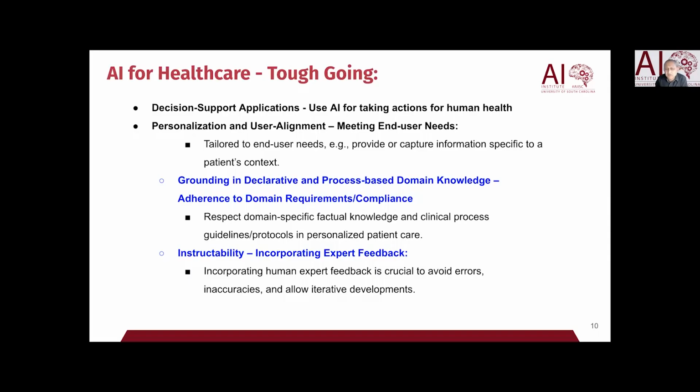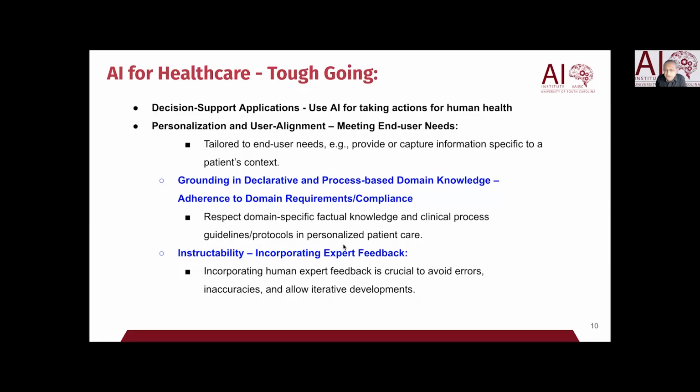In 2018, we introduced a term called personalized health knowledge graph. So any information about the patient, such as what is in an EMR, would be captured as part of the knowledge graph and used in all the interactions.